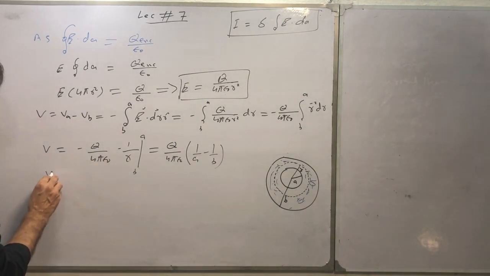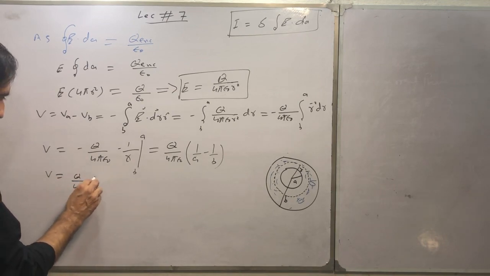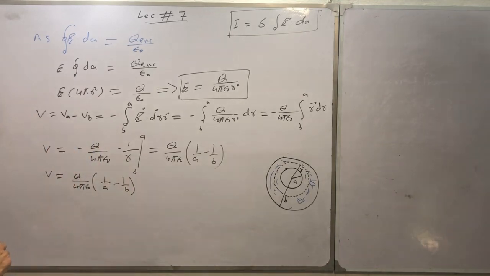So the potential is Q divided by 4 pi epsilon naught, times 1 over A minus 1 over B. This is the potential.